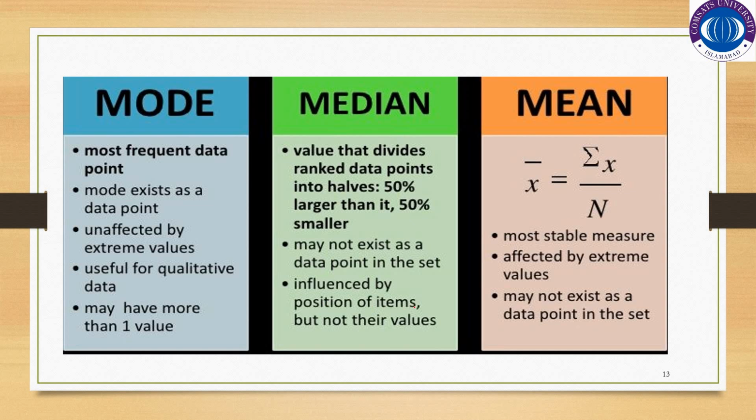Influenced by the position of the items but not their values. If we have different data sets and all the data sets are of size, let's suppose 10, then always the middle, or we can say average of the 5th and 6th value, is the median. Now the median is affected by the position of the items, not by the values of the items.